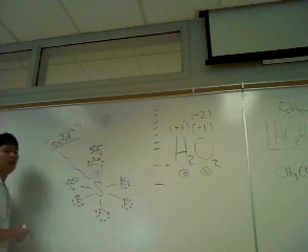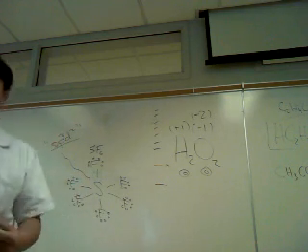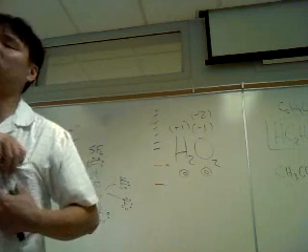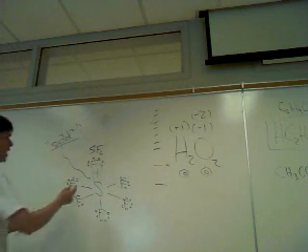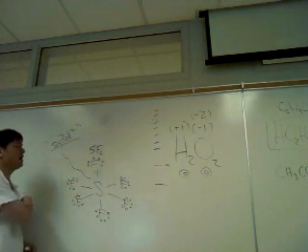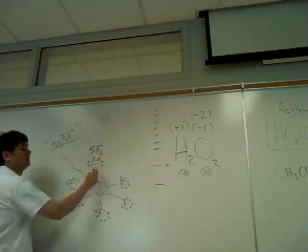Let me tell you the way valence bond theory explains what a bond is. Valence bond theory says that when you have overlapping orbitals like this, you're going to have concentrated electron density here.